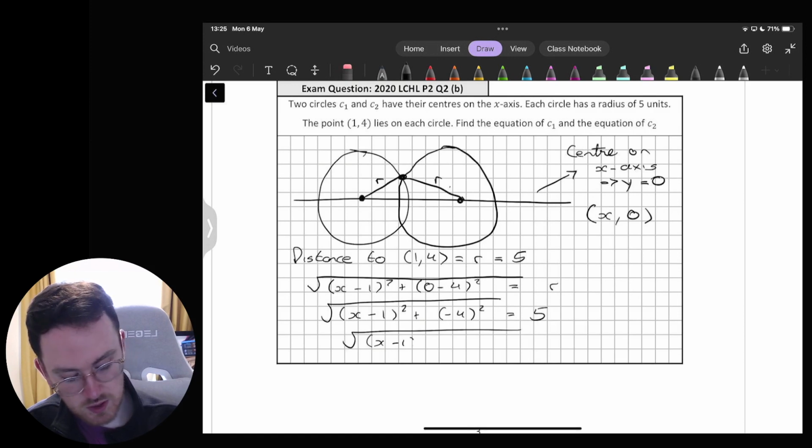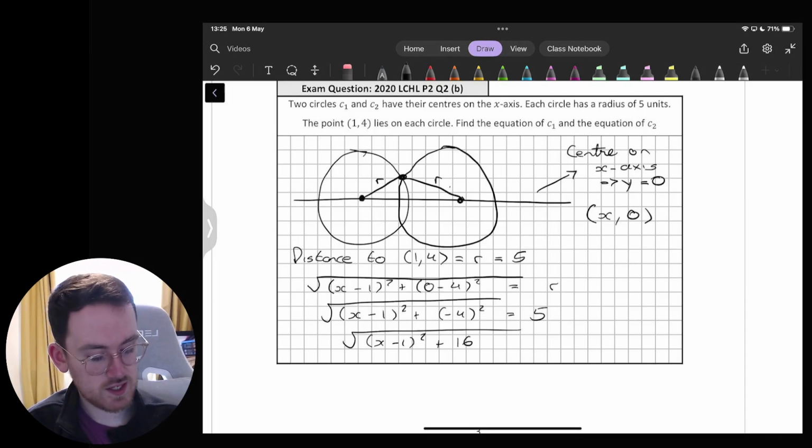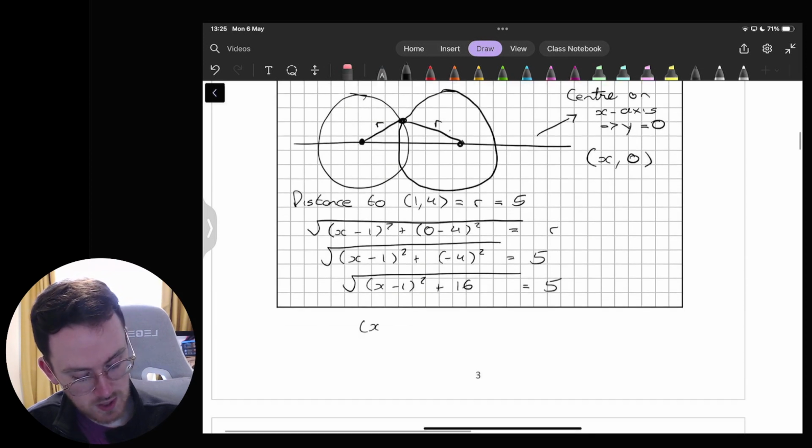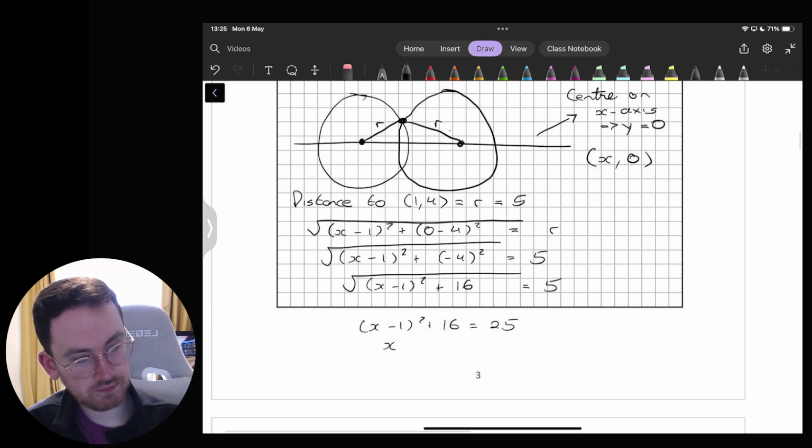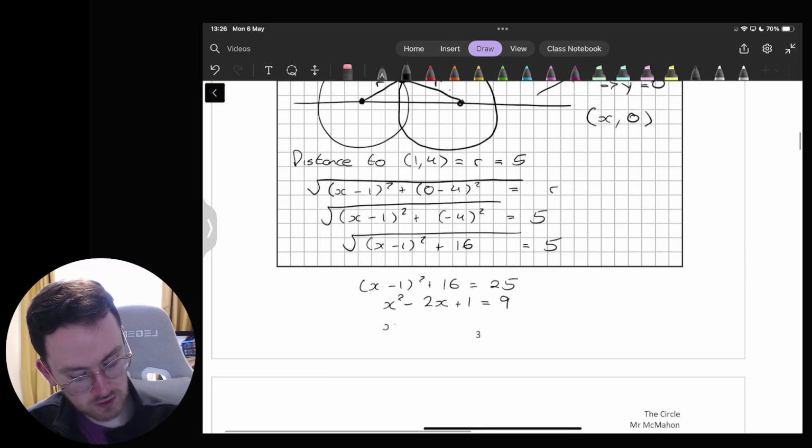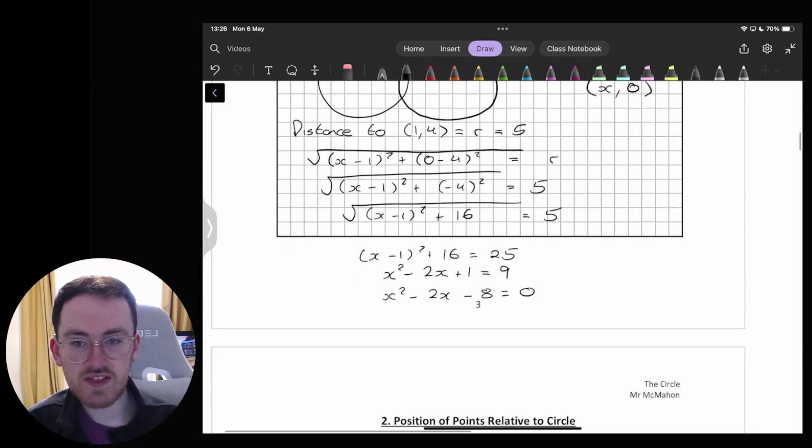So I'm going to save this bracket until I've decided to square both sides here. So let's square both sides now. So x minus 1 squared plus 16 equals 25. So x squared minus 2x plus 1 equals 9. Bringing all that over, then x squared minus 2x minus 8 equals 0. And I can solve that then to get my overall answer.